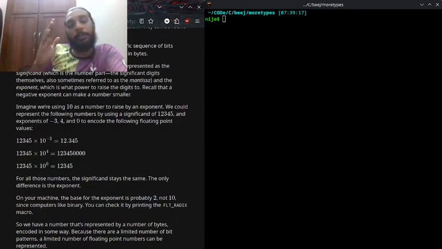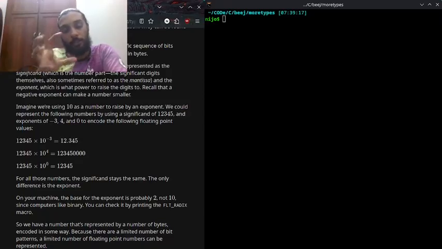Diving in a bit more, the number is basically represented as the significand, which is the number part, the significant digits themselves, also sometimes referred to as the mantissa. Yeah, that rings some more bells. And the exponent, which is what power to raise the digits to. Recall that a negative exponent can make a number smaller. Imagine we are using 10 as the number to raise by an exponent.